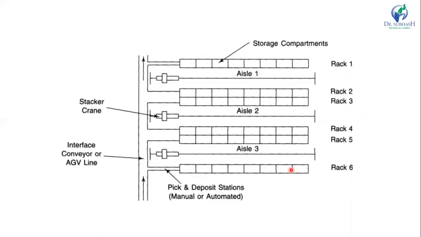The different racks are given. Here, this is the pick and deposit, P and D station. Okay, this is the P and D station. Stacker crane, which is useful to load the material. Okay, and interface conveyor or AGV line.